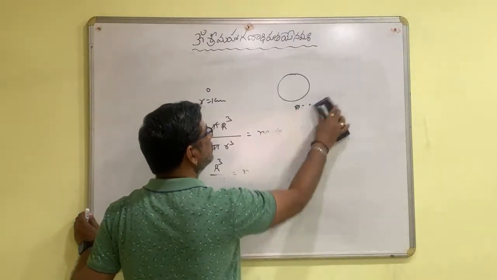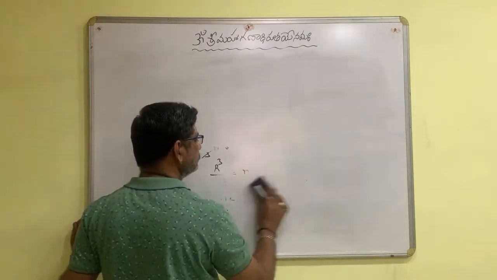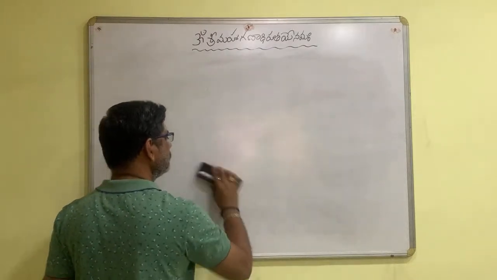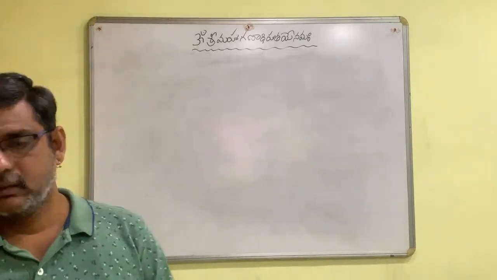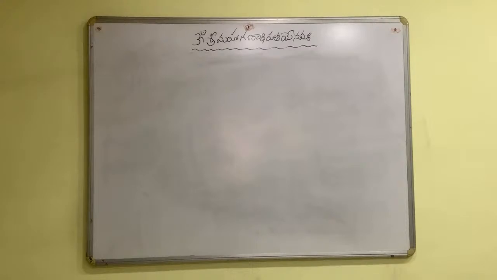Next question. Question number 2. A solid sphere of radius 3 centimeters is melted and then cast into small spherical balls, each of diameter 0.6. Find the number of small balls thus obtained.